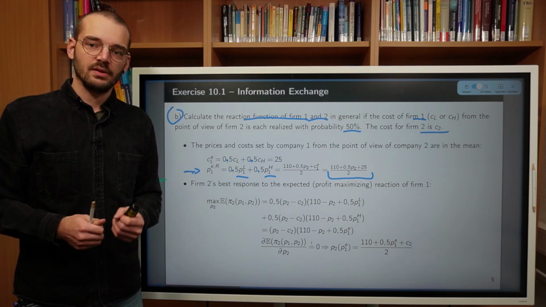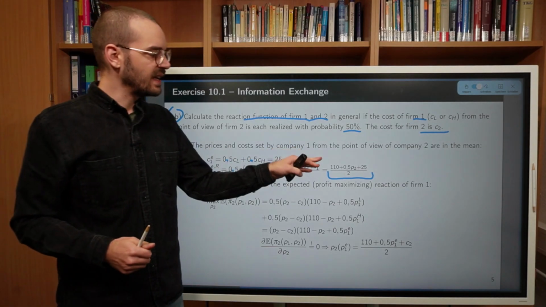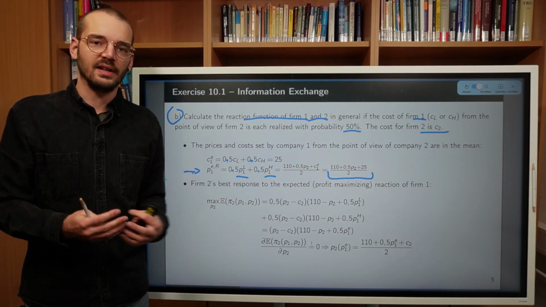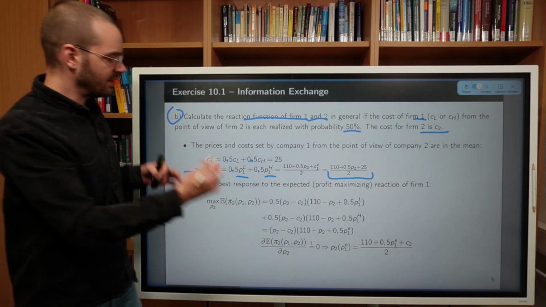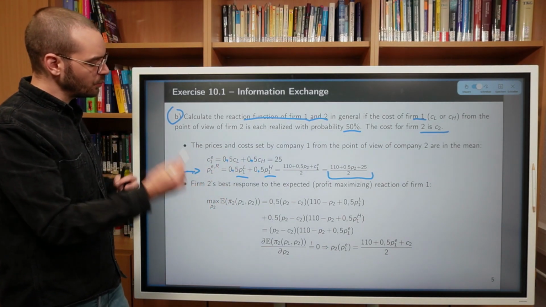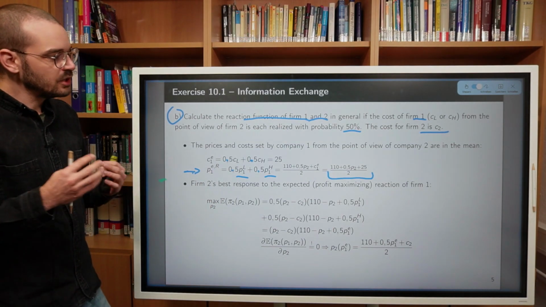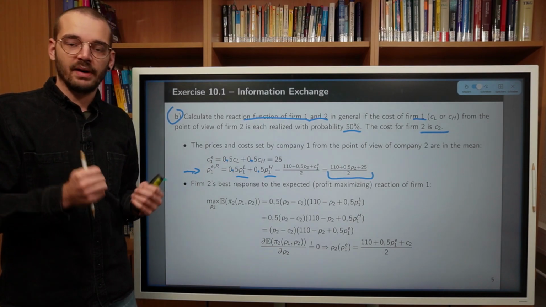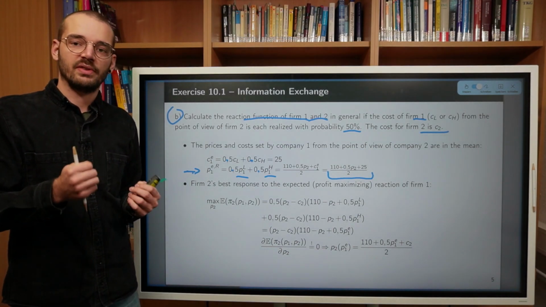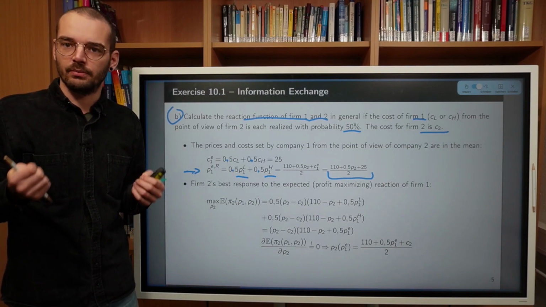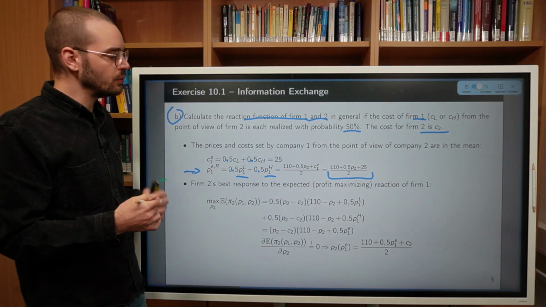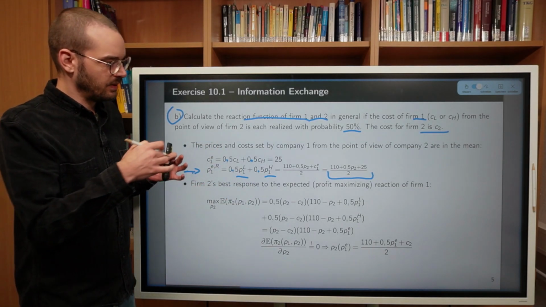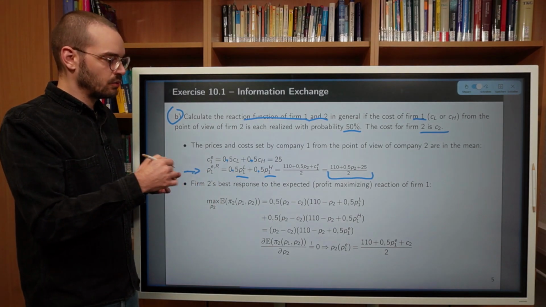Again, just to reiterate, of course firm 1 knows its actual reaction function and will behave according to its actual realized reaction function. This, however, P1 with the superscript E, denotes the reaction function of firm 1 as expected by firm 2. So firm 2 is building an expectation with regard to the best response of firm 1.